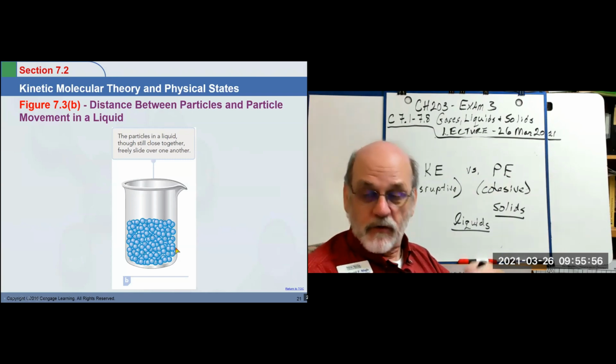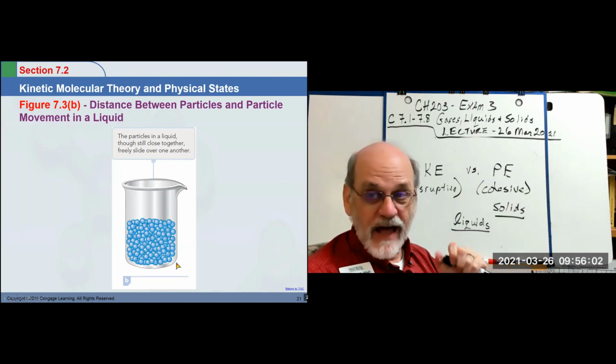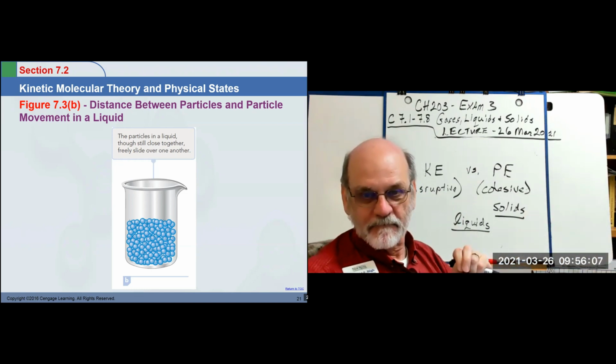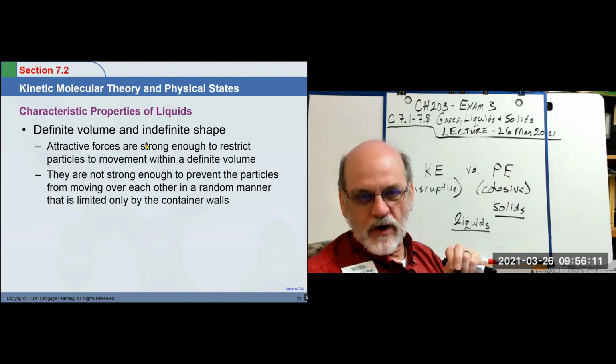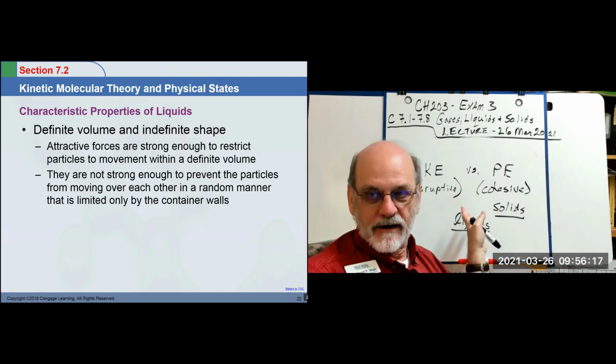And that's why liquids require a vessel to hold them, because if they can slide past one another, they can slide out onto the table. And that's what we're talking about here. They have a definite volume because they're still attracted enough so that the empty space is maintained.